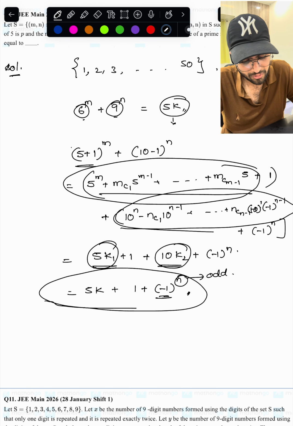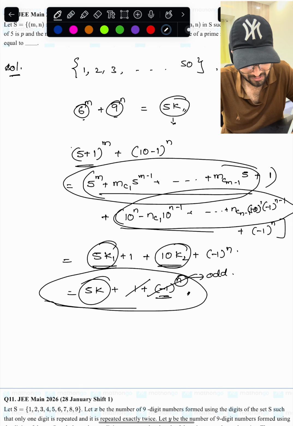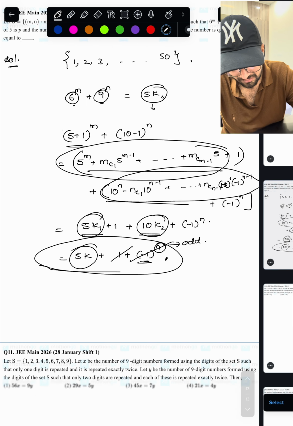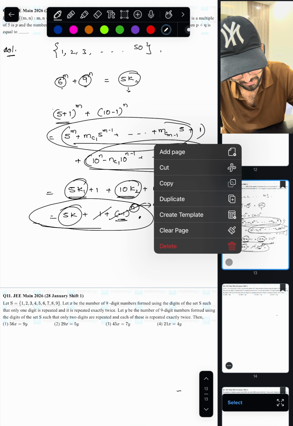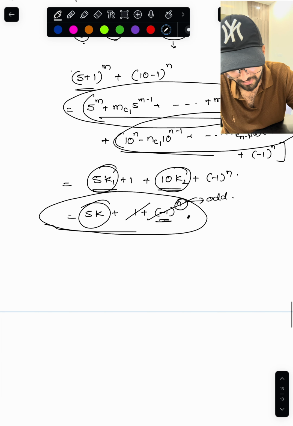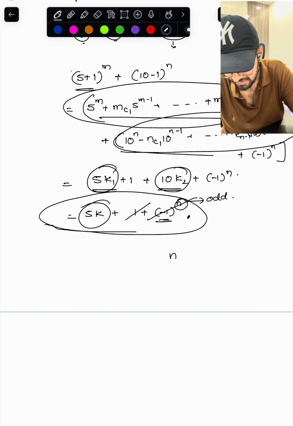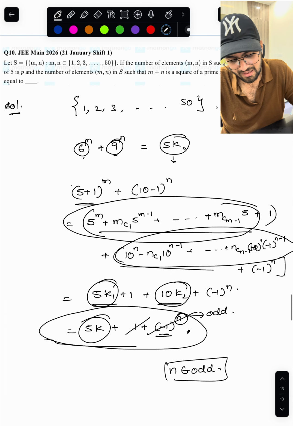If N becomes odd, it will become minus 1 and this minus 1 will cancel out the 1 and it will turn out to be a 5 multiple, right? So the condition for this number to be a 5 multiple is that N must be odd, very simple.